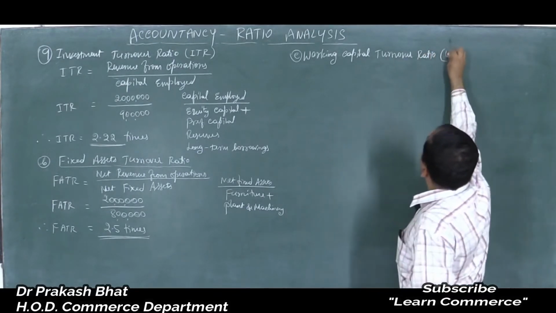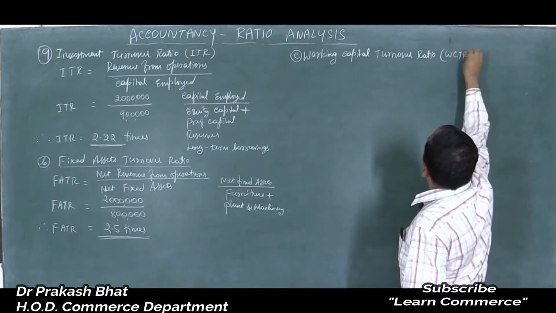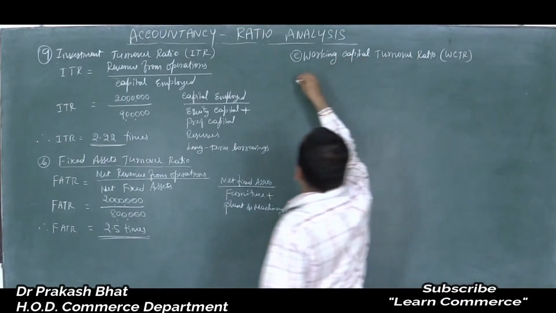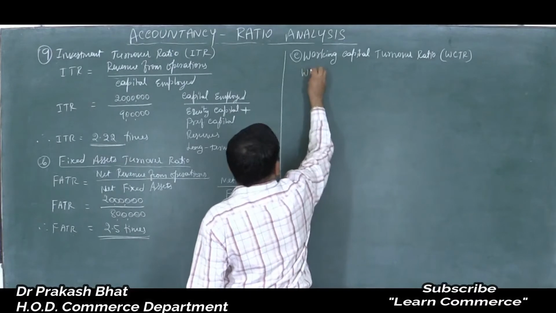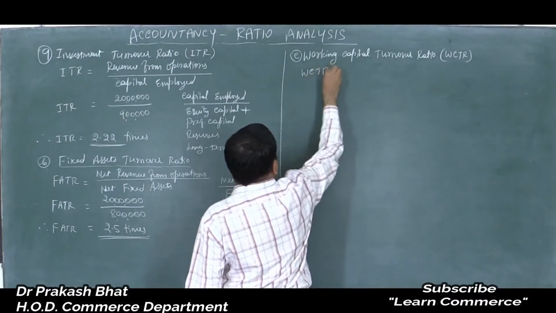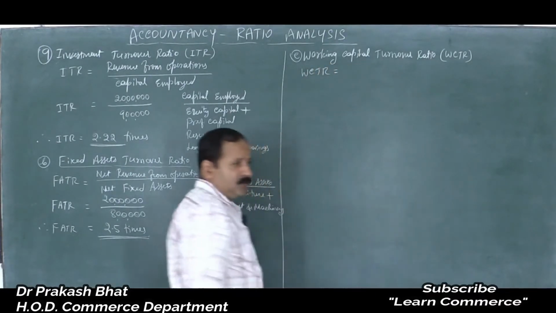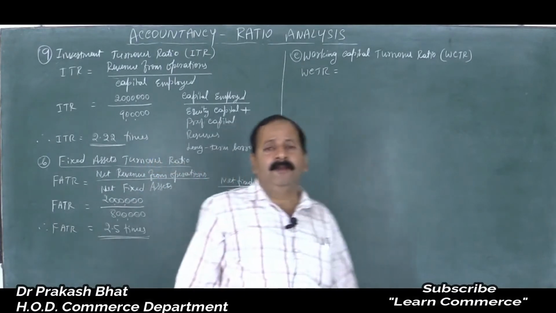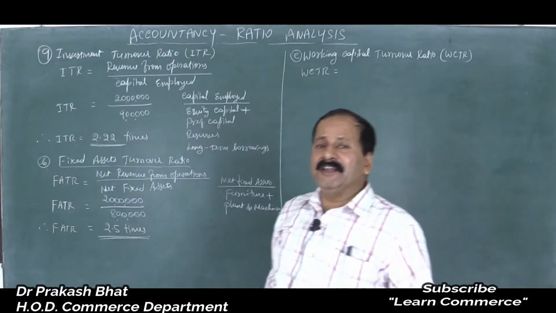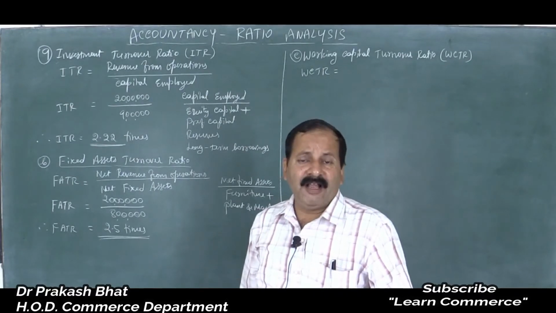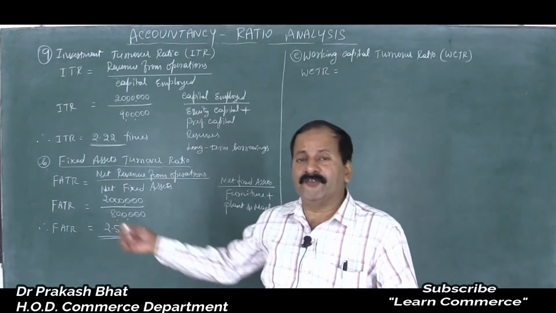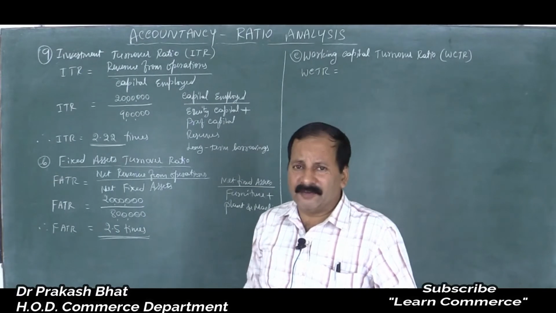WCTR is equal to, what do you mean by working capital? Working capital is current assets minus current liabilities, isn't it? And working capital turnover ratio, turnover means what? Revenue from operations, sales, isn't it?